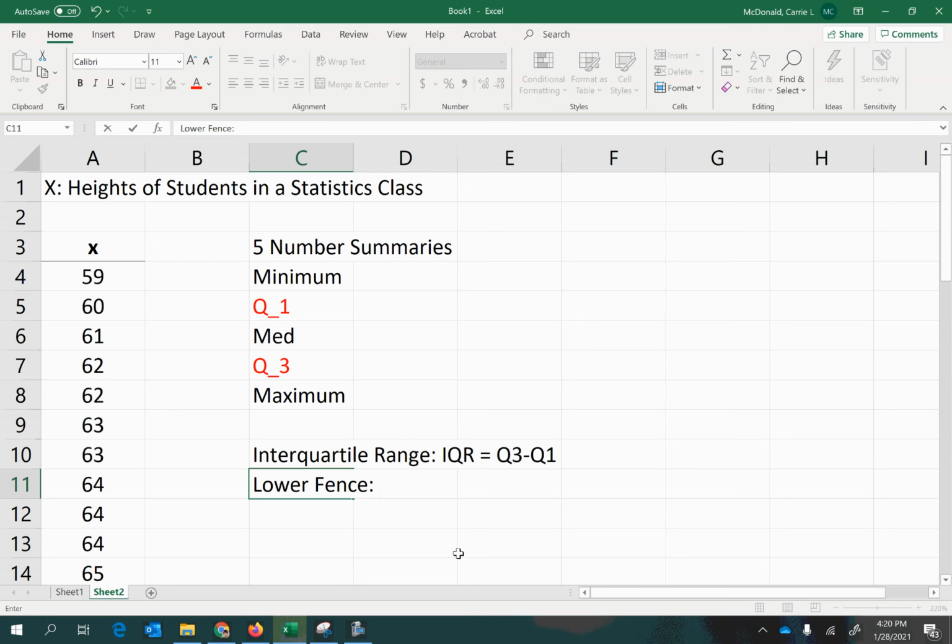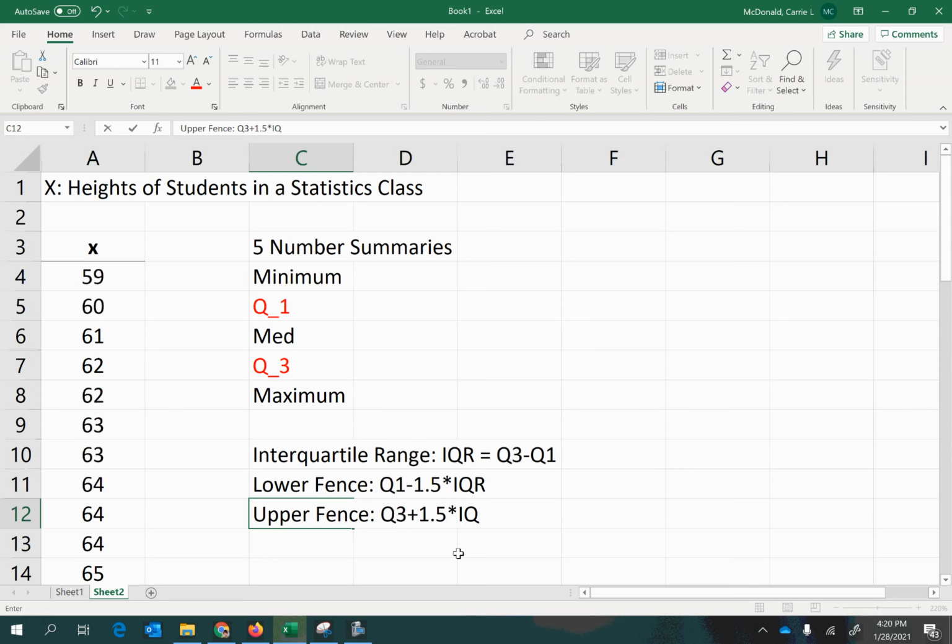Anything that's less than this number would be considered an outlier. And so you would calculate that by taking your first quartile and subtracting 1.5 times the IQR. And to get your upper fence, so any values that are beyond this number will be considered outliers, it's Q3 plus 1.5 times the IQR.